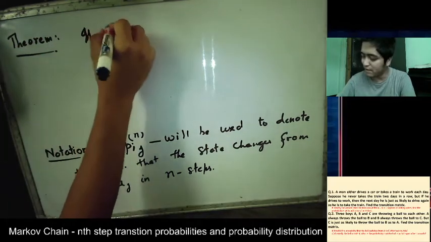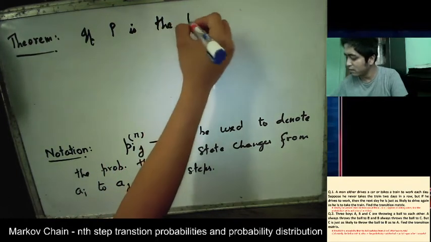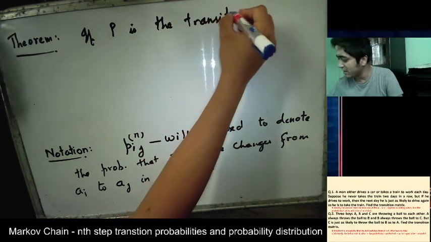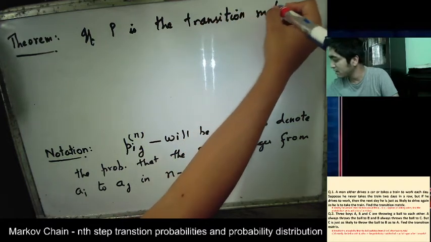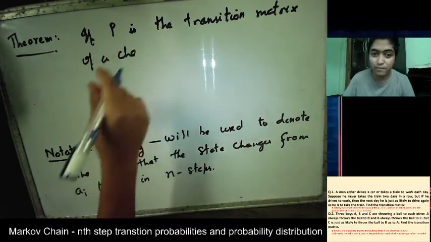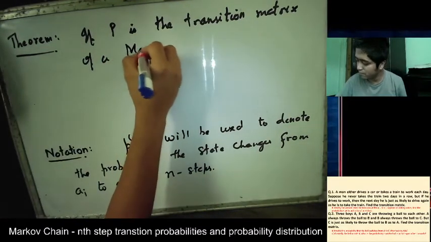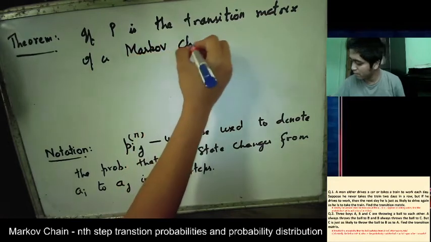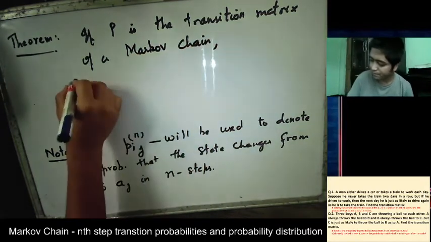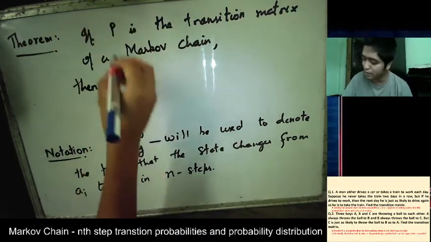If P is the transition matrix of a Markov chain, then we can raise it to the power n.